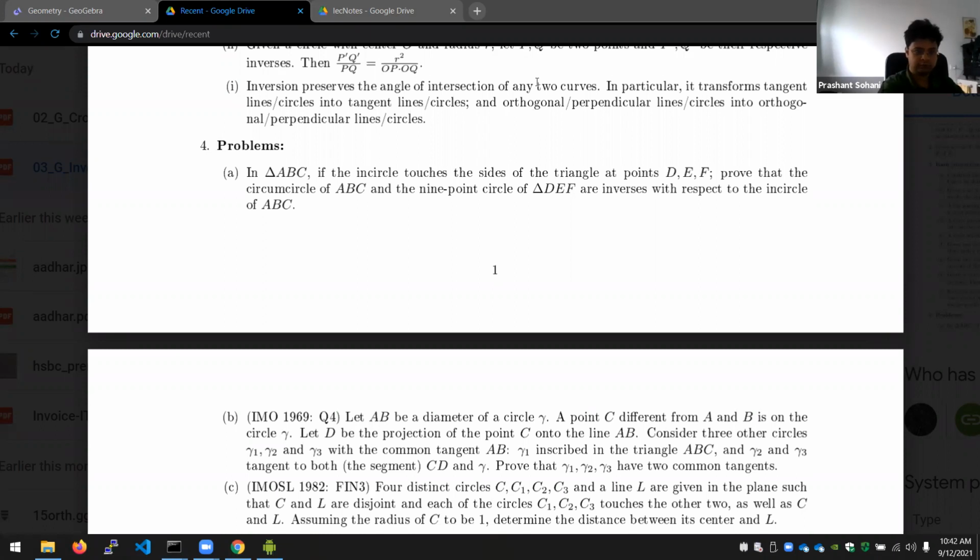Okay, has anybody solved this question? Okay.